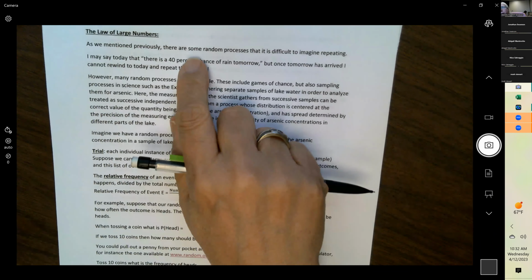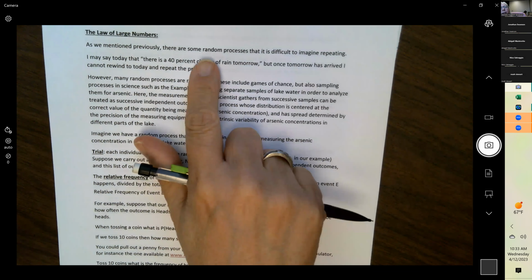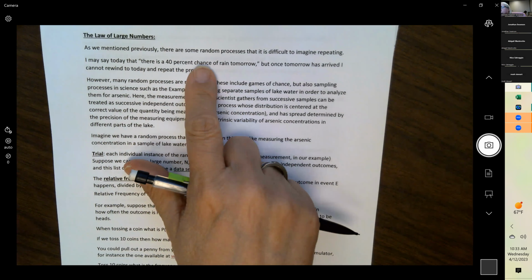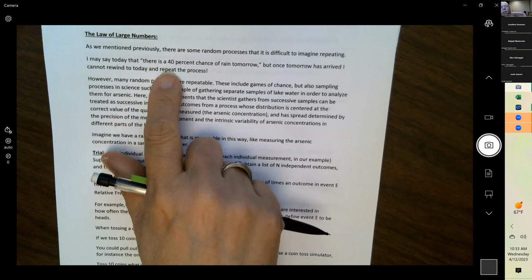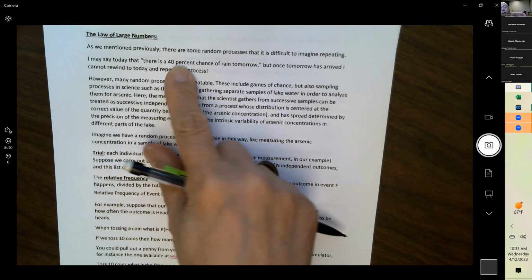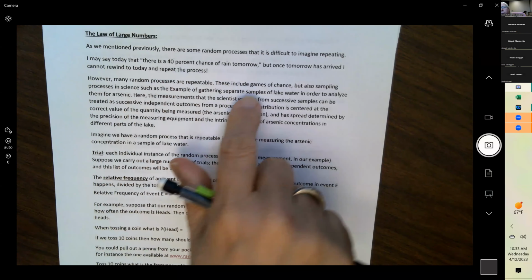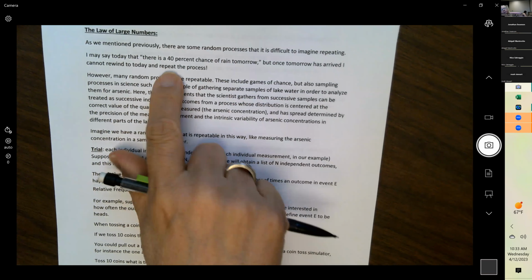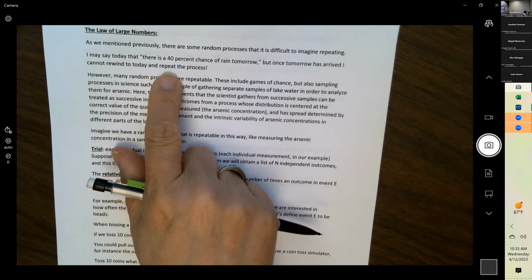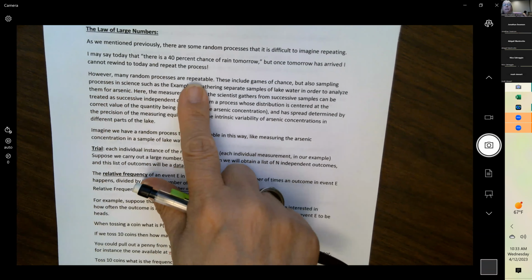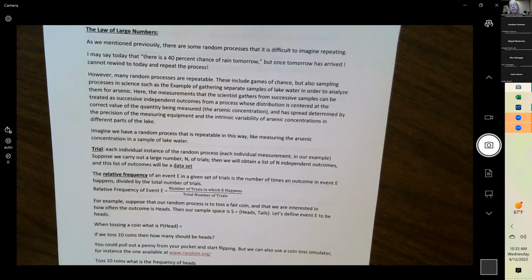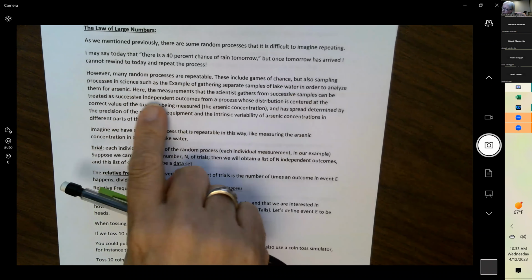So some things you can't just keep repeating. Maybe you could go back over your weather map and see if something's changed each hour, but to repeat the same thing, it's not so easy with the weather. However, some samples can be repeated. Like the die, we can roll the dice over and over and over again. Tossing the coin.